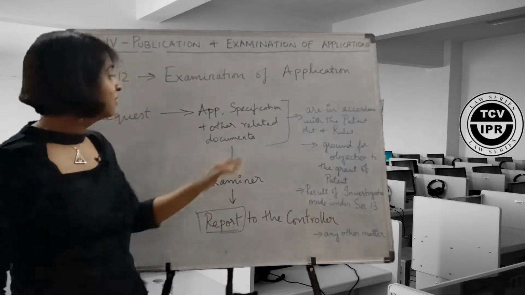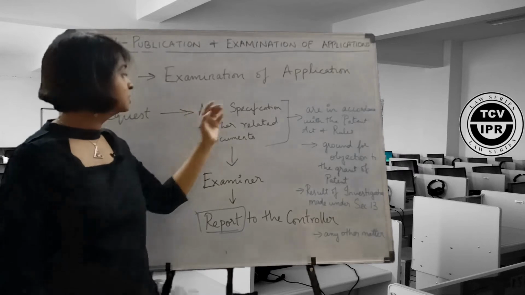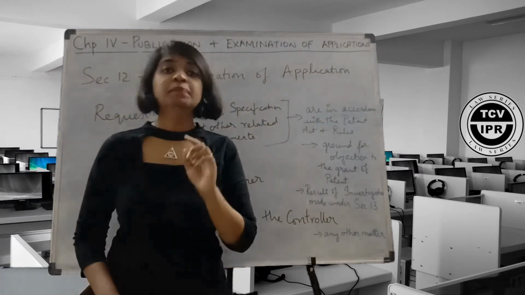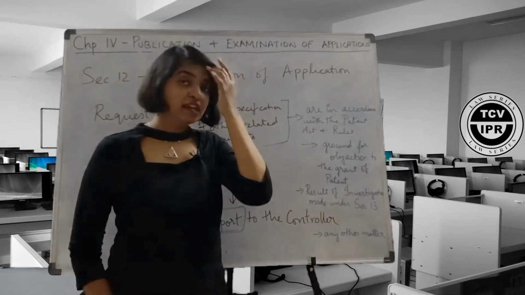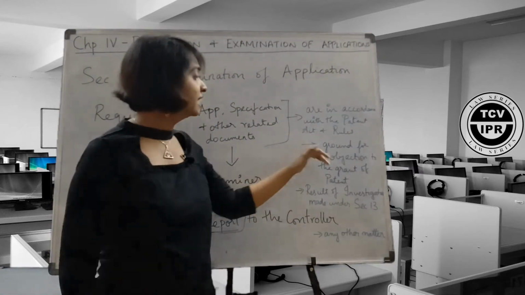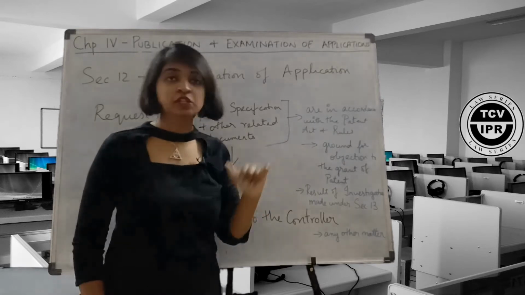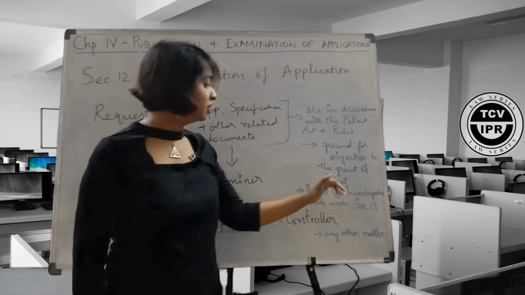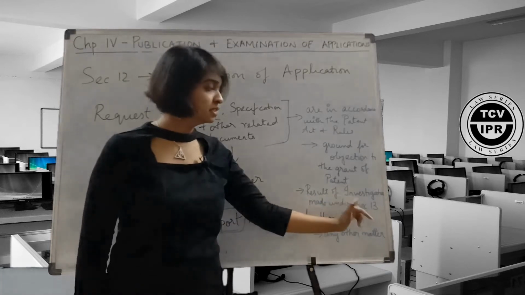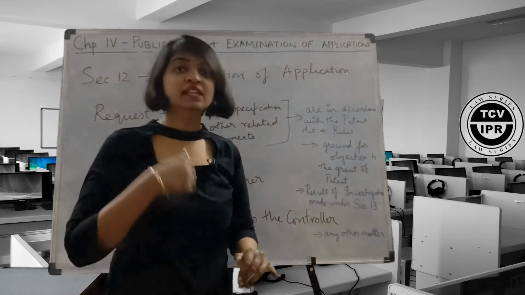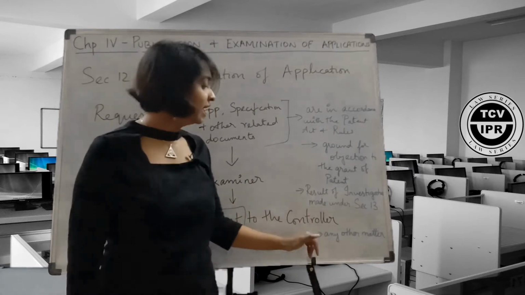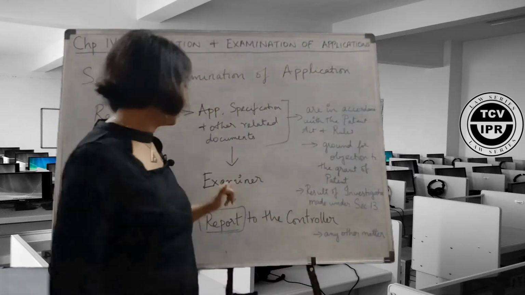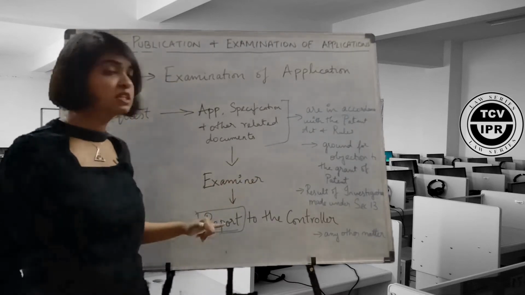He will see whether this application, specification and all the related documents are in accordance with the Patent Act and rules. Then he will have to see whether there is any lawful ground for objection to the grant of the patent. Then they will provide the result of investigations made under section 13. We will see section 13 later, and then any other matter which is there. So all these things the examiner will provide in his report.